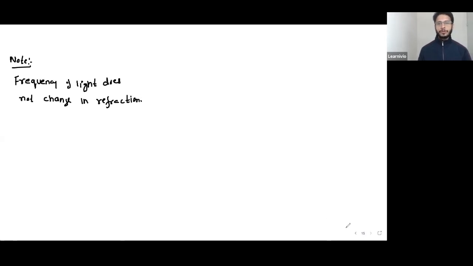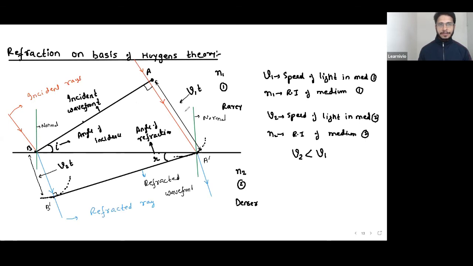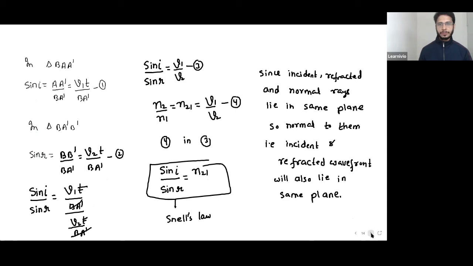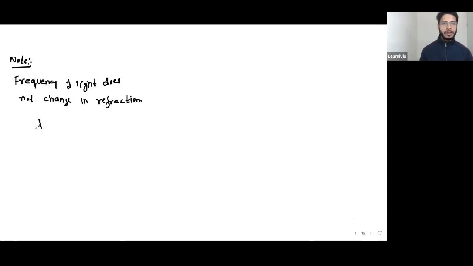To prove this, you can use the fact that the radius of the wavelet is basically the wavelength in Huygens theory. This V1t is wavelength, this V2t is wavelength. So lambda 1 is V1t. That's my first equation. The wavelength in the other medium, lambda 2, is V2t. That's my second equation.